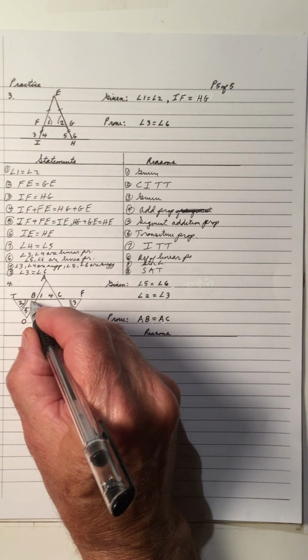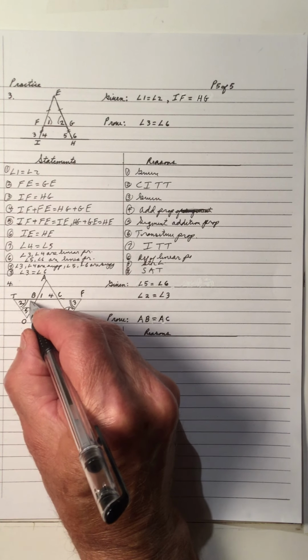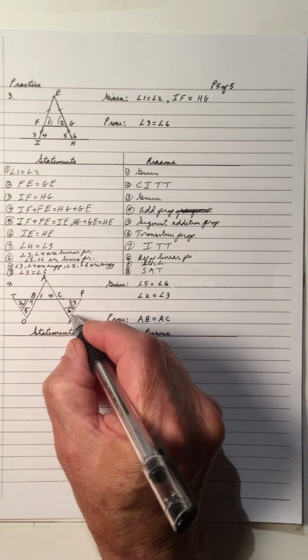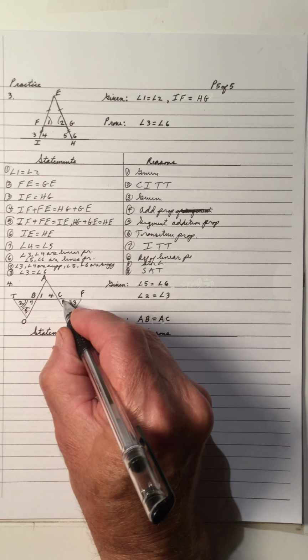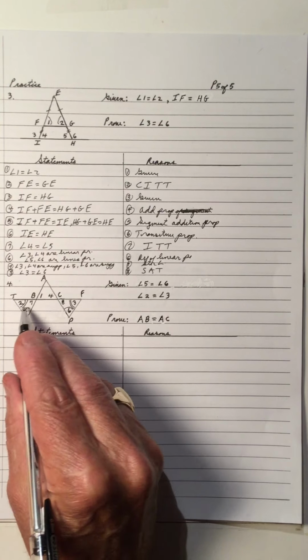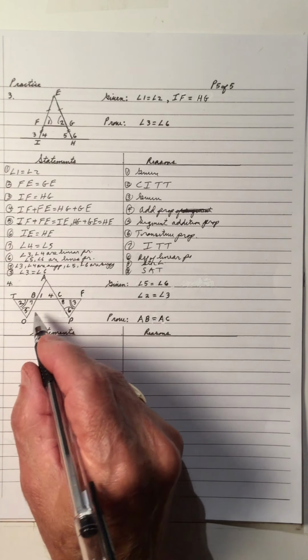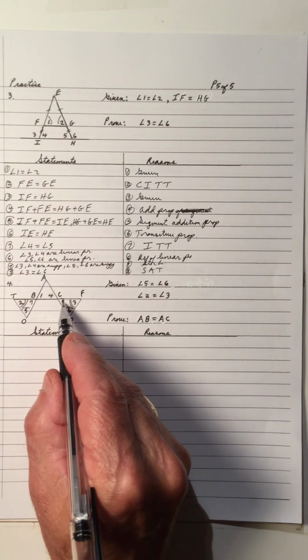Let's put a 6, that's 1, 2, 3, 6. Let's put a 7 right here. TBO is 7, and PCF is 8. So rather than use the 3 letters, let's use these numbers. If I have these two angles equal, that means these third ones are equal.